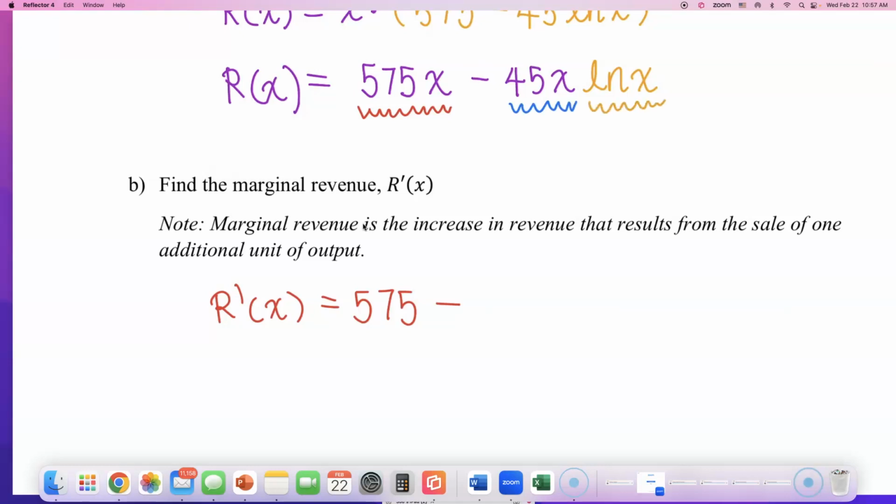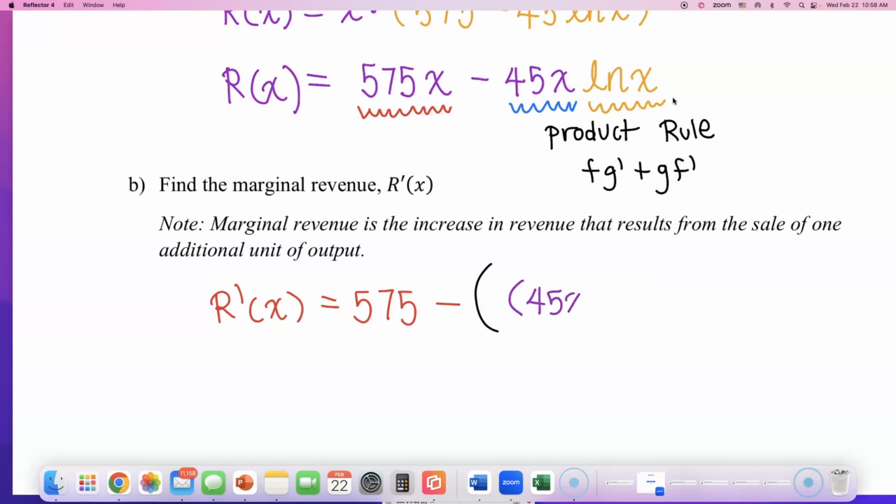You see, we have to do a product rule, right? So I'll write down the product rule here. That's the product of 45x times natural log of x. So here comes the product rule. You have to do first times the derivative of the second plus second times the derivative of the first. First being that 45x. So I'm going to be doing 45x times g prime.